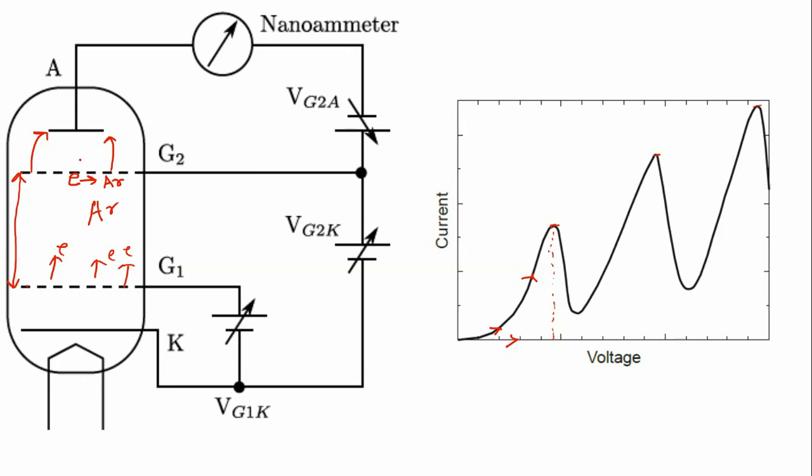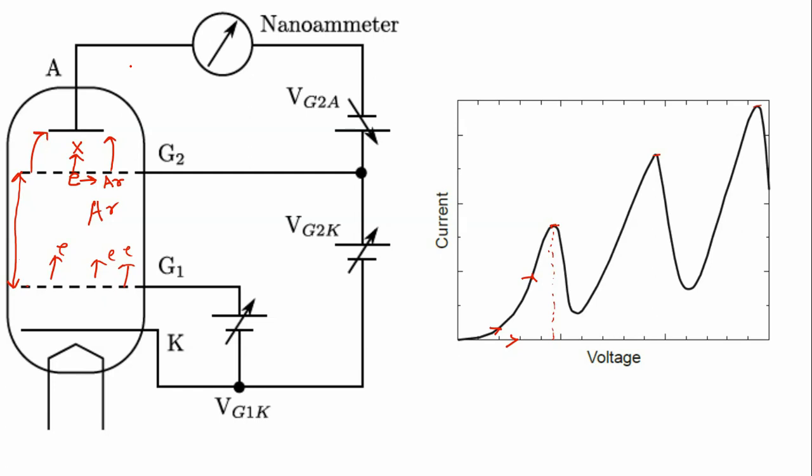But by that time the electron's energy becomes zero. If the electron's energy becomes zero, then this electron cannot cross this barrier, it is not possible, and then the anode current starts falling.